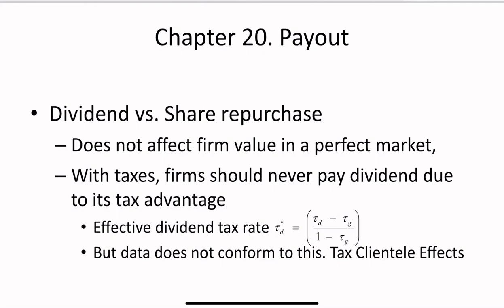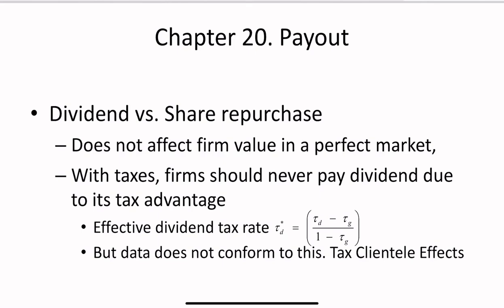However, if we look at the data, we can find that the data is not consistent with this result, right? In reality, a lot of firms were paying dividends and they are actually continuing to pay them. So why? Well, the explanation is the tax clientele effect.